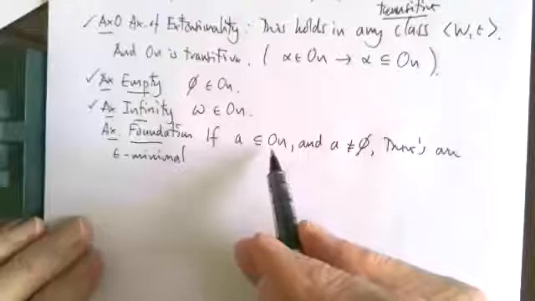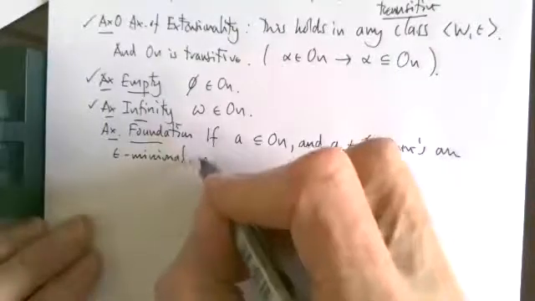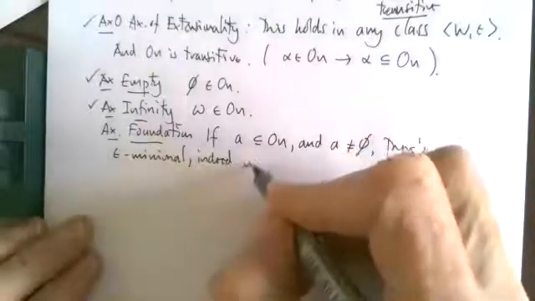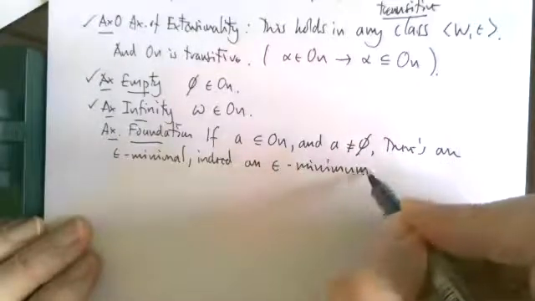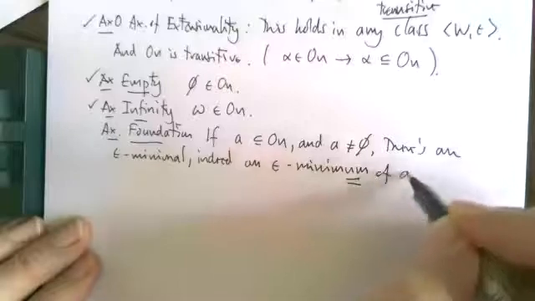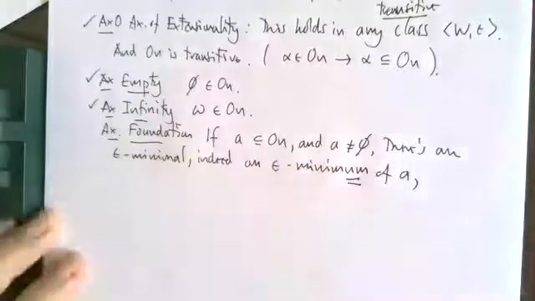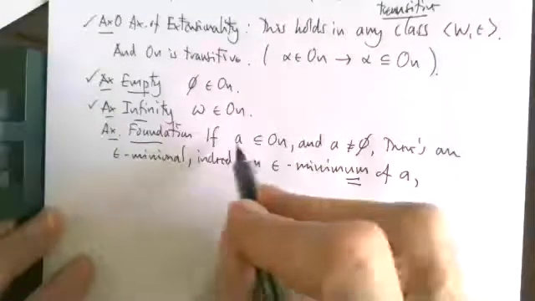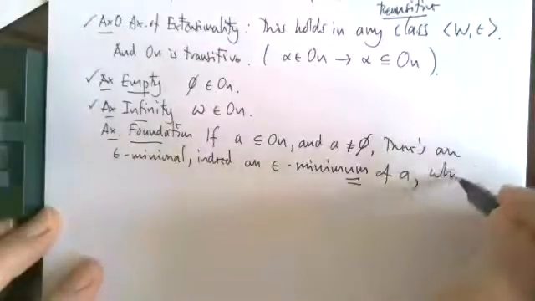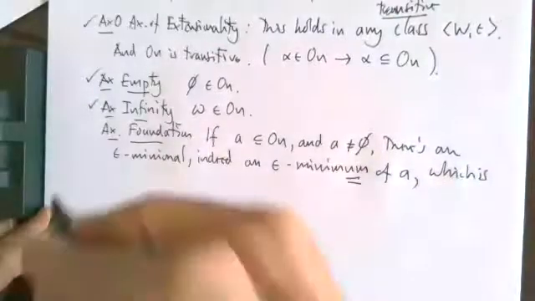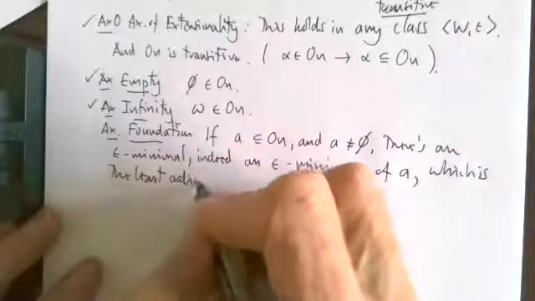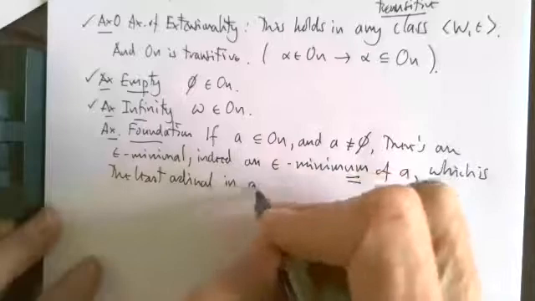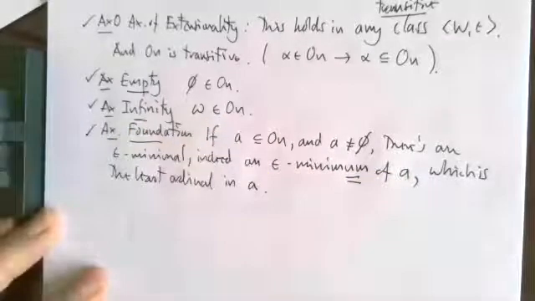It's not just a partial ordering. So an epsilon minimum of A, which is the least ordinal in A. So this one holds.